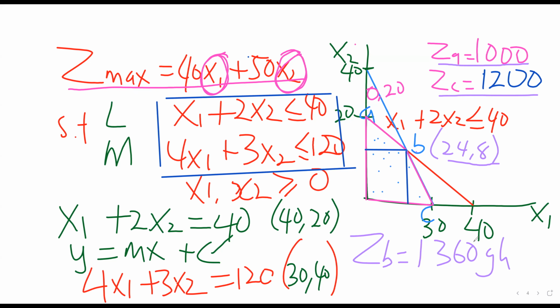And that one is point B. So you can now come to your conclusion and say that Farm Mill Ghana Limited, in order to generate the maximum profit of 1,360 Ghana cedis, has to produce 24 sachets of fine yogo and 8 sachets of fine chocolate to maximize that profit.